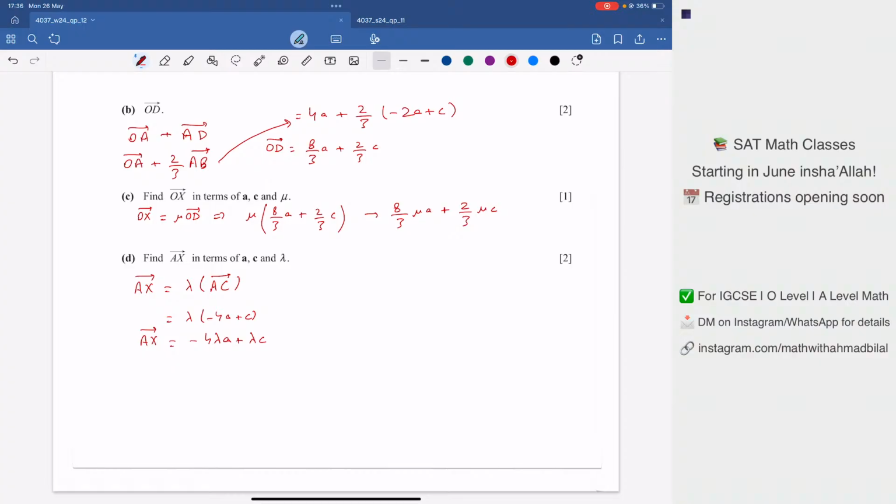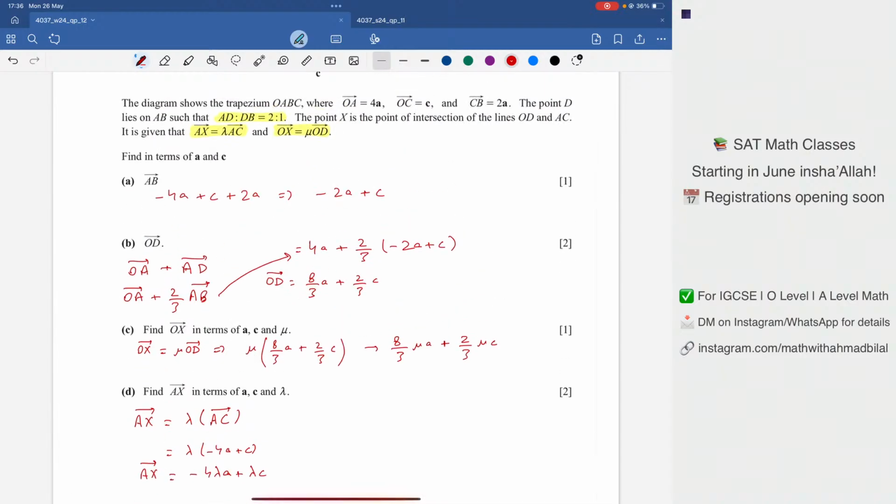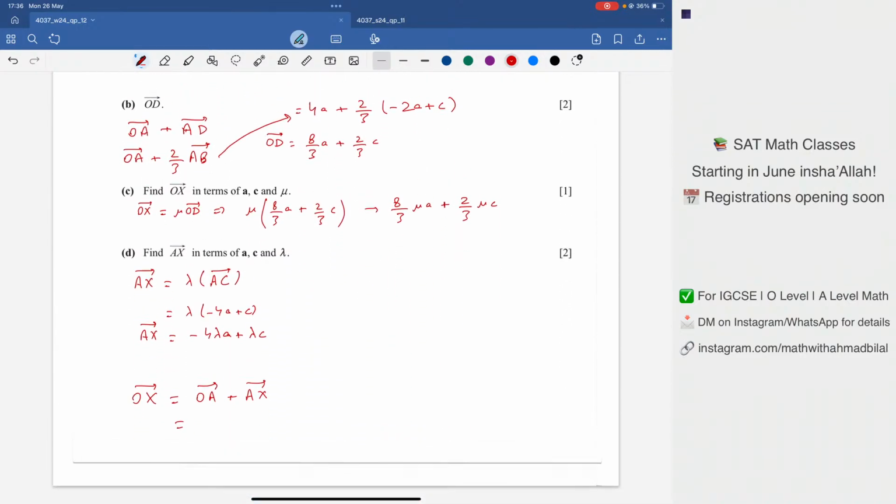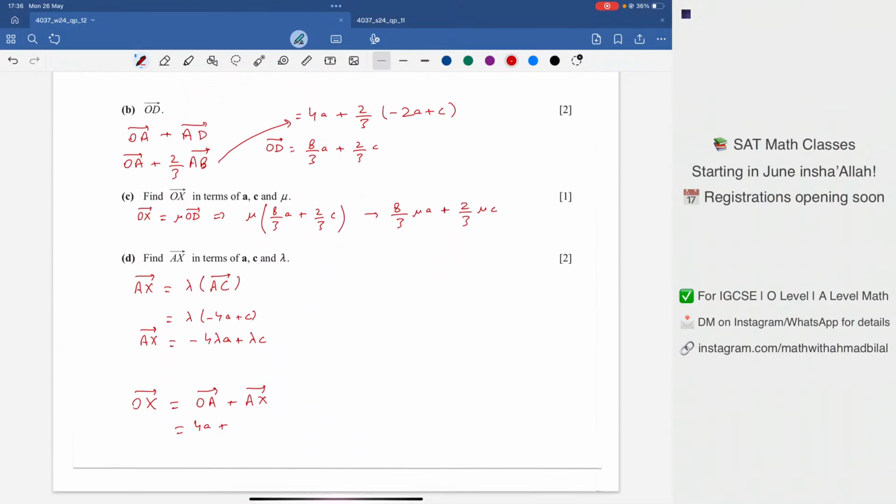I'll just copy that on the next page then. The OX vector, using this AX vector, could also be written as OA plus AX. That simplifies to OA, which was 4A, plus minus 4 lambda A plus lambda C. We could write the OX vector like this as well.